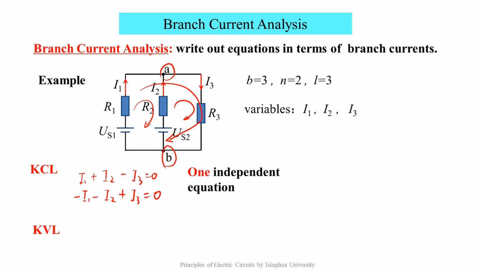Then we write the KVL equations for the three loops. For loop 1, we can obtain that R1 times I1 minus R2 times I2 equals the voltage rise of all the voltage sources, that is minus US2 plus US1.